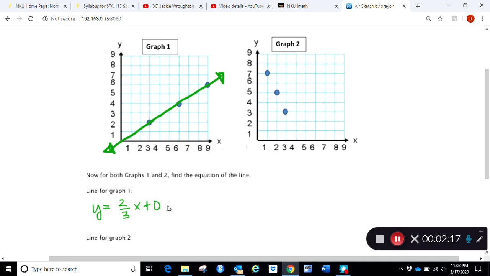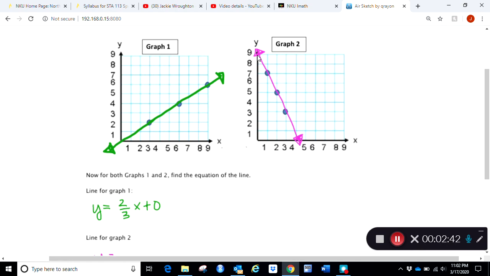Now for graph 2 over here, hopefully your line would have looked something like this. So this one had a negative slope. It would technically cross the y-axis right here at 9. So that would be our intercept.